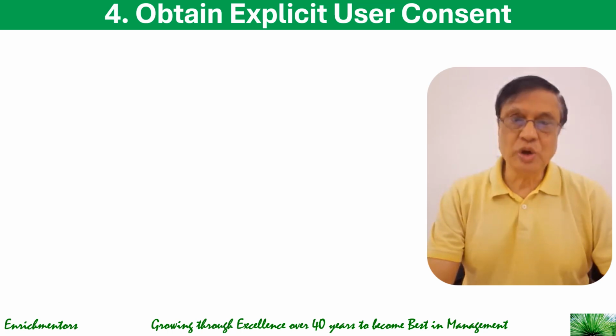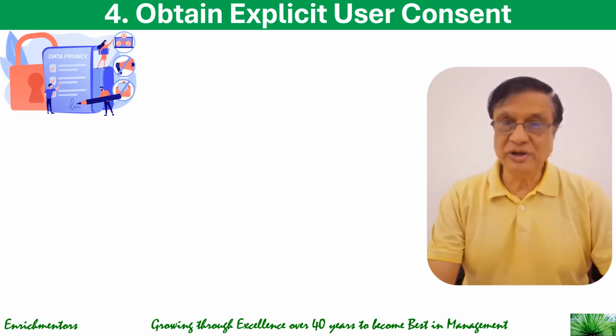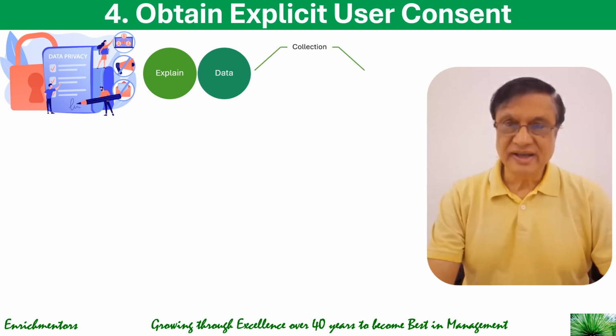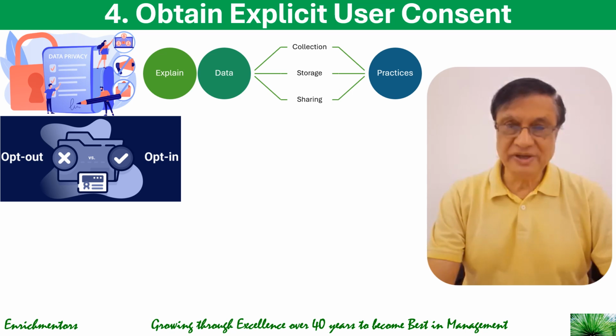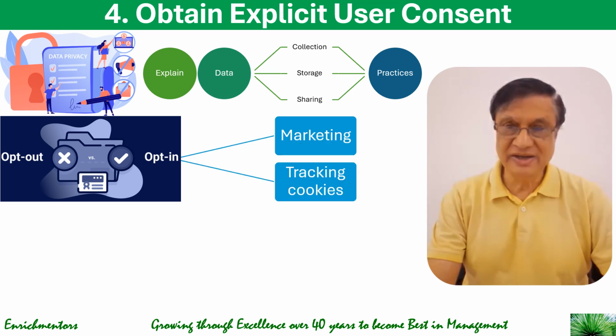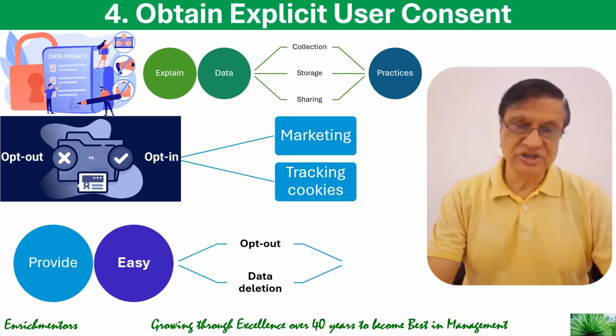The fourth thing is to obtain explicit user consent. And for that, you need to design transparent data policies that explain data collection, storage, and sharing practices with the users, and also implement opt-out mechanisms, especially for marketing and tracking cookies, and also provide easy opt-out options and data deletion options.